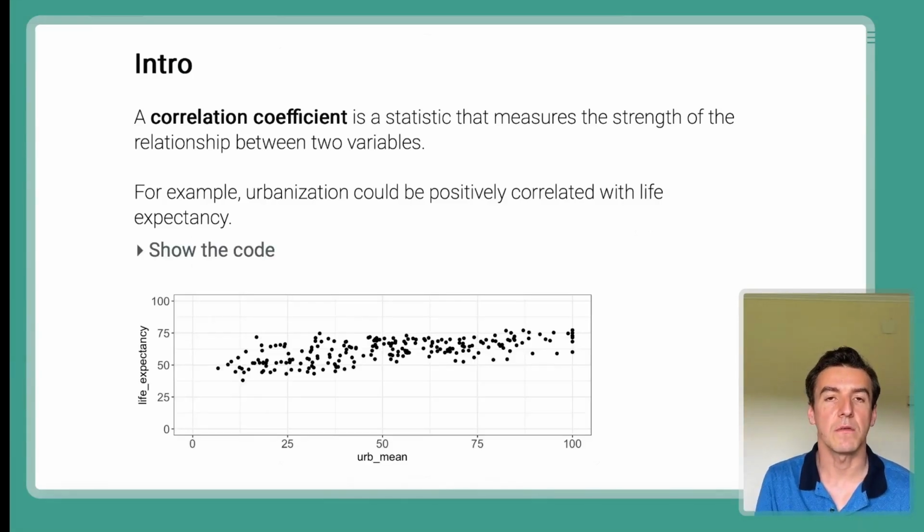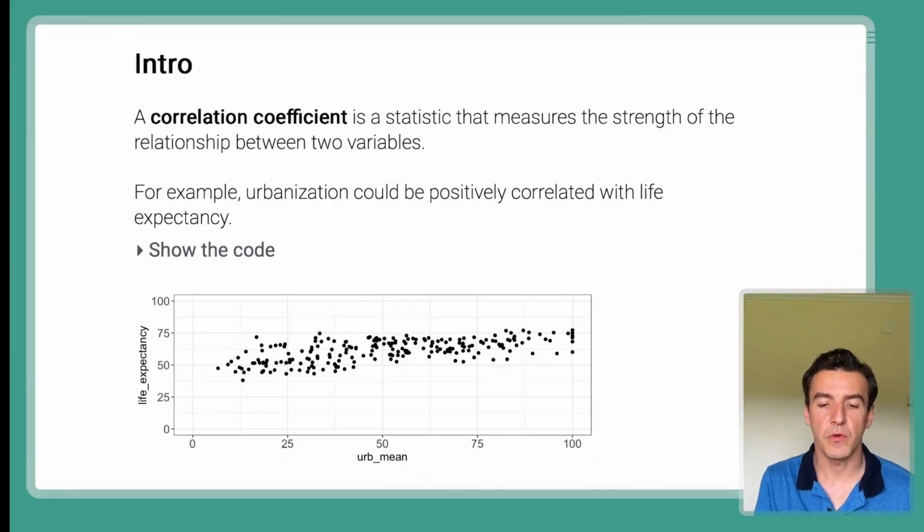So this is a graph that shows exactly this. On the x-axis, we have urbanization average, and on the y-axis, we have life expectancy. This is based on the data sets that we used previously. These are life expectancy and urbanization from Our World in Data, which also take their own data from the UN.